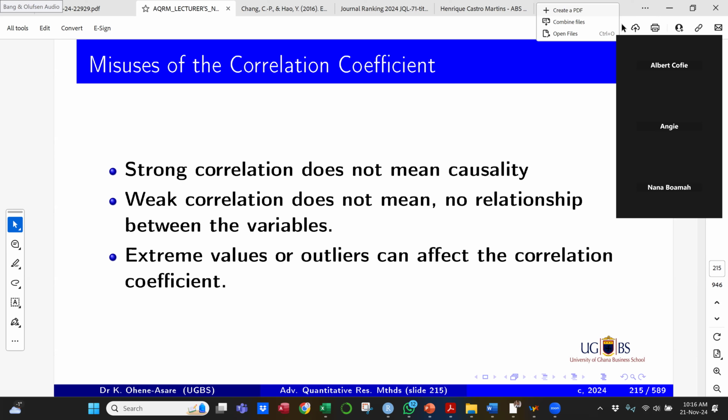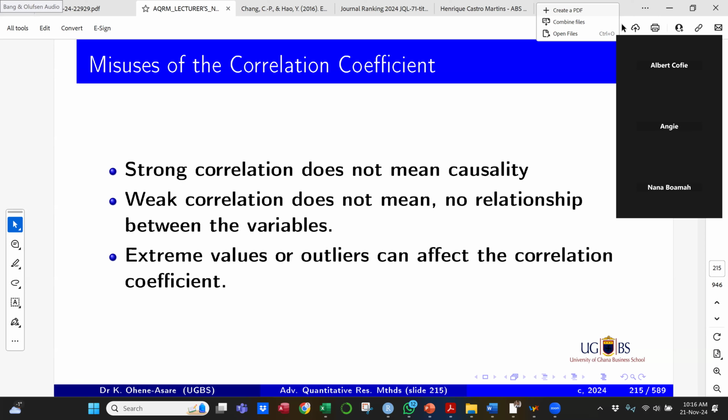They are both increasing. So because they are both increasing, someone might think that the increase in ice cream sales is what is causing the drowning, because they have a positive correlation.